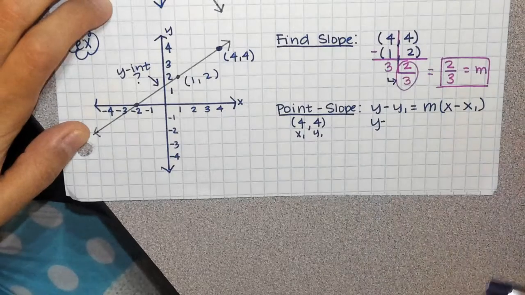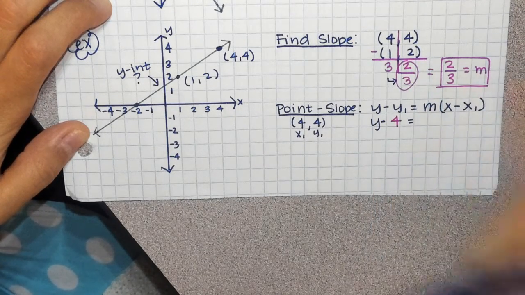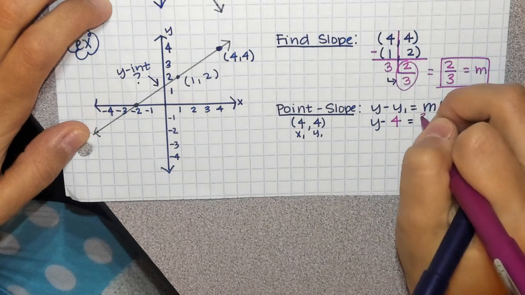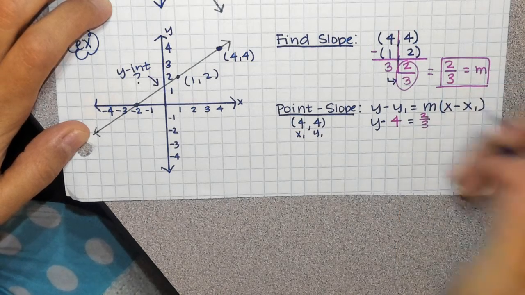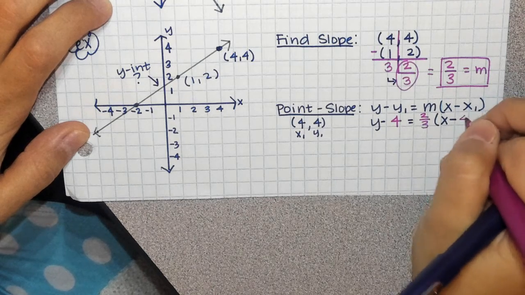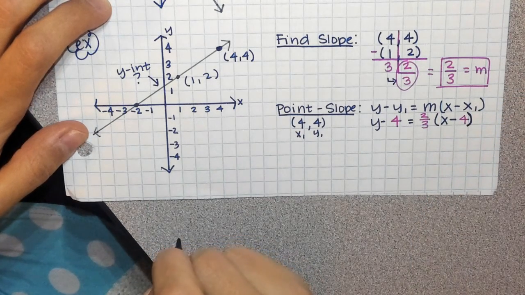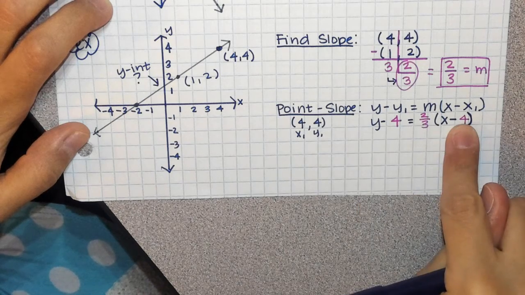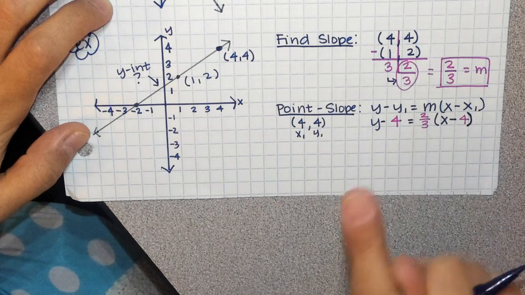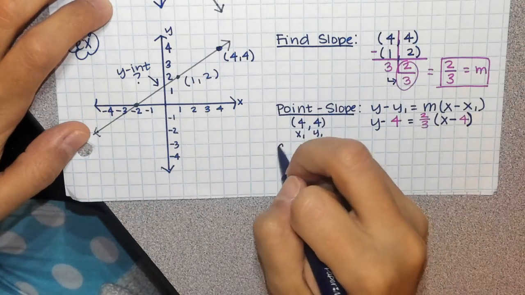So y minus 4 equals, I put my m, so it's 2/3, x minus 4. That's my equation in point slope form. But then to go even further, I'm going to change this to slope intercept form.